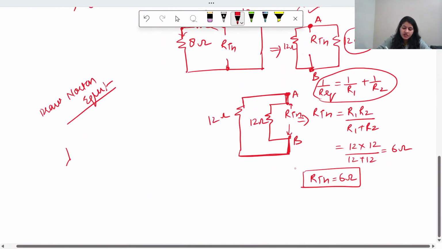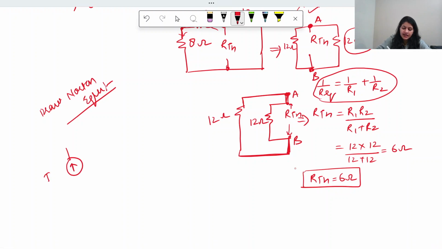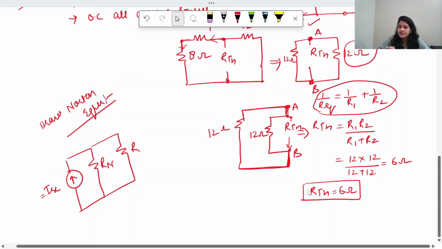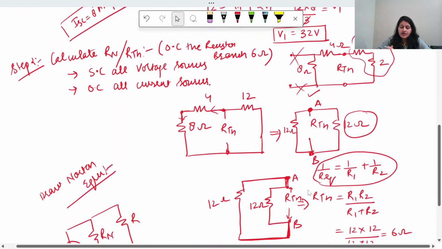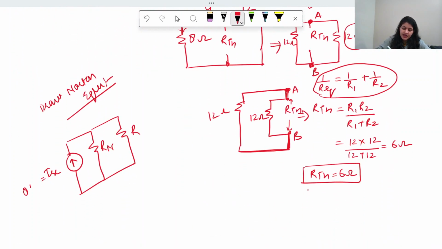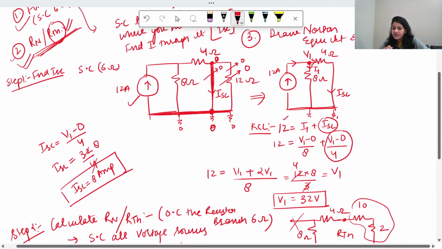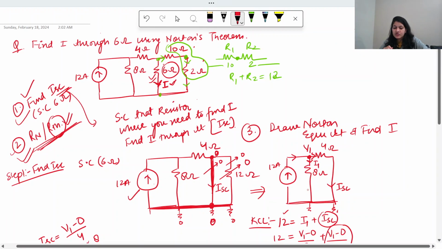So Norton equivalent, you know that this is ISC, this is RN, and this is that resistance R, right? So the value of ISC, we'll quickly check it, ISC is 8 ampere, RN is 6 ohm, and where you need to find the value, that is also 6 ohm.